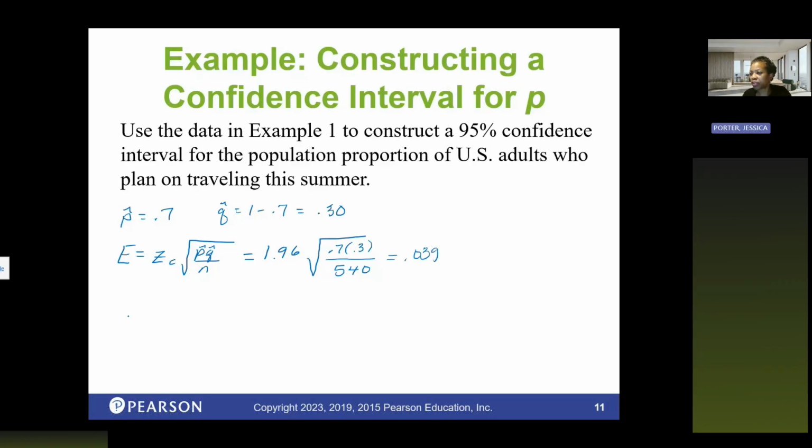And so now my confidence interval is going to be 0.7 minus 0.039 is less than the proportion. Oh, I meant to put the actual number here.